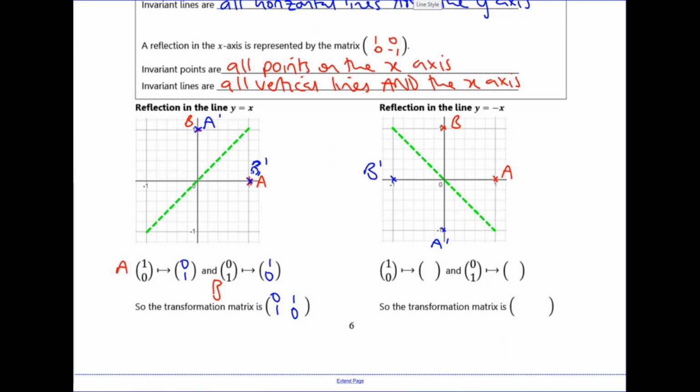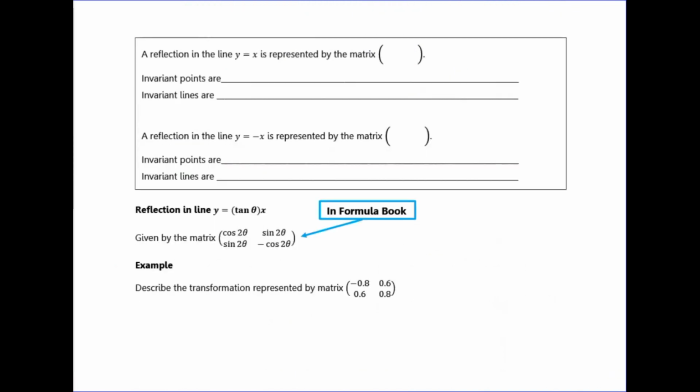So let's write those in. So (1, 0) goes to (0, minus 1). And (0, 1) goes to (minus 1, 0). Transformation matrix for this one, (0, minus 1), (minus 1, 0).